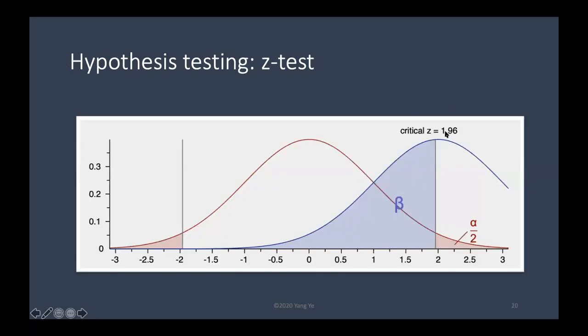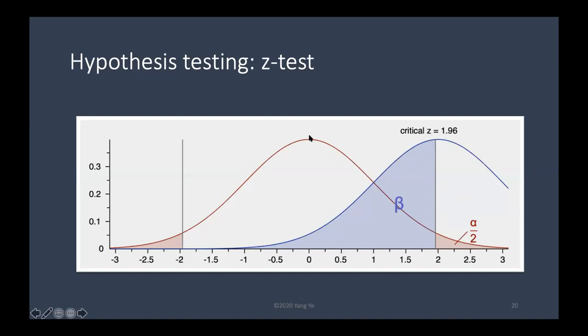So this could be further turned into, if we translate that into a z-test. So this is the same idea, but now we're using a z value. Okay. So the blue curve is the distribution of z-score of a z-value that has a mean of 2.